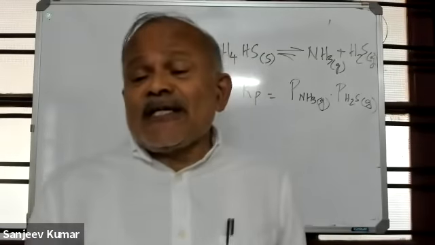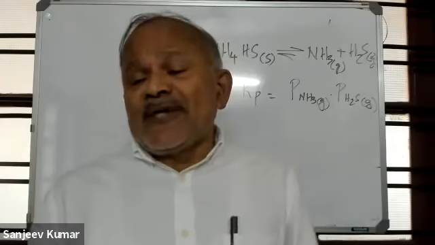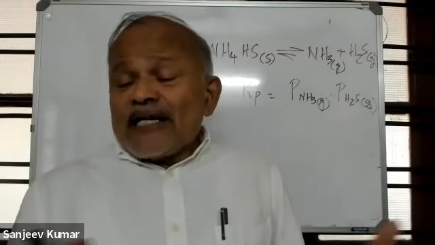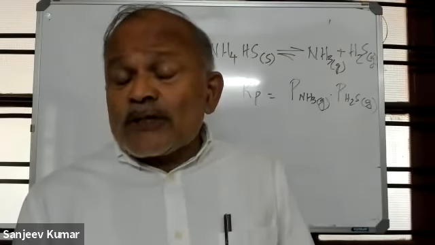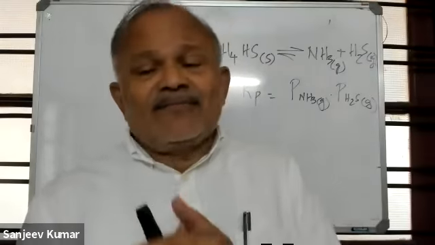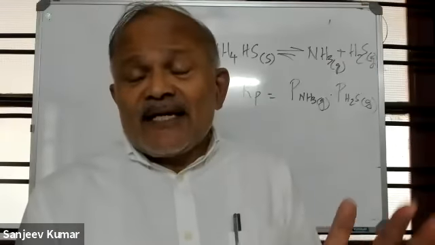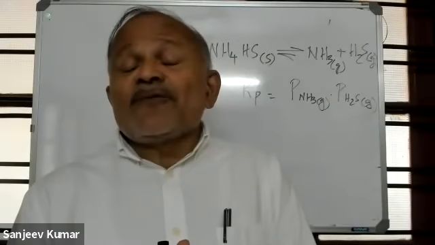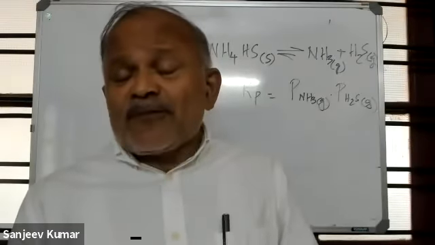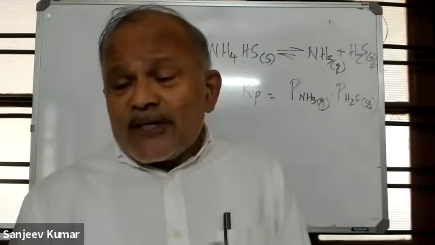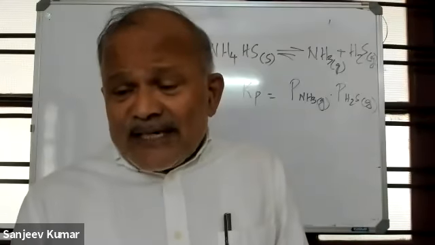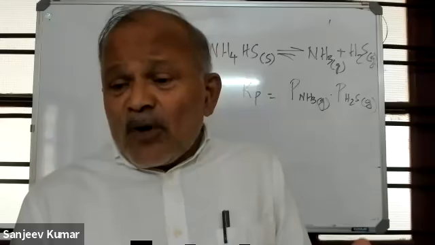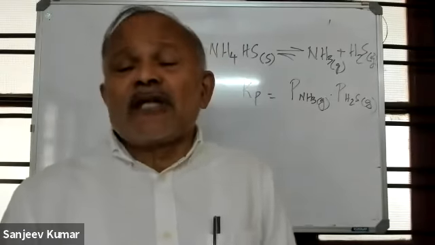The total pressure is 1.2 atmosphere. We know that the partial pressure is the total pressure into the mole fraction. According to Dalton's law, the total pressure is equal to the sum of the partial pressures of the gases in the mixture.